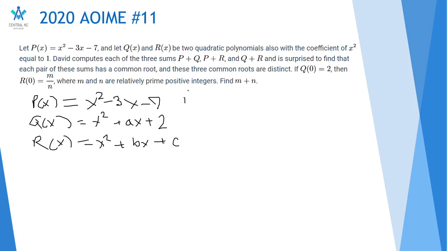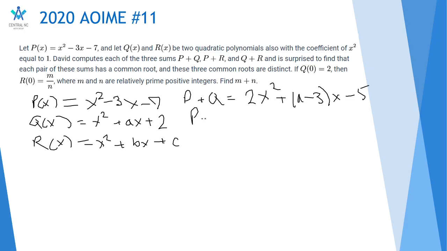So we can write that P plus Q is equal to the sum of these two, so it'd be 2x squared minus 3x minus. Hold up, I made a mistake. Let me just erase that. So it's the sum of a and minus 3, so it would be plus a minus 3x, and the sum of minus 7 and 2 is just minus 5, so that's minus 5.